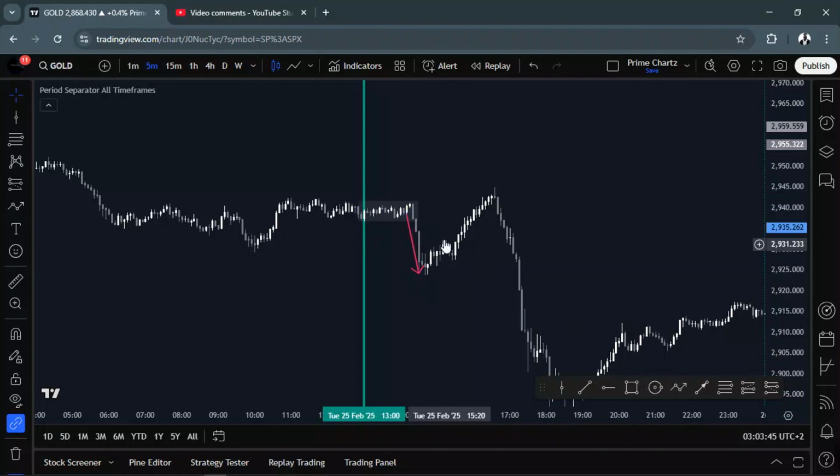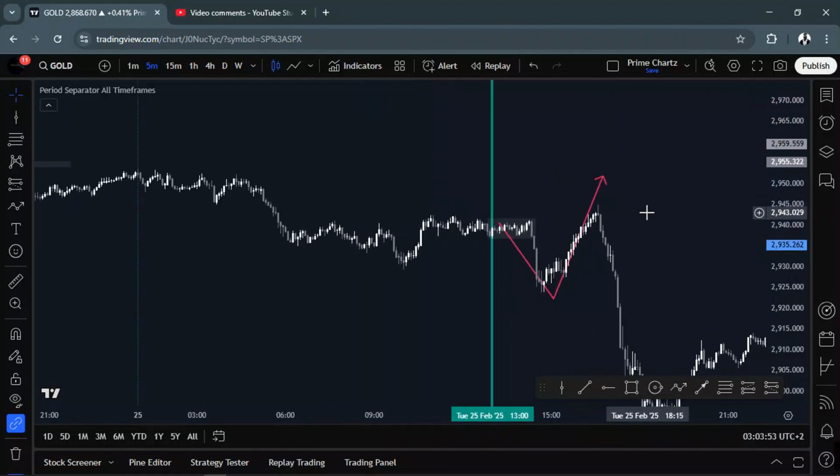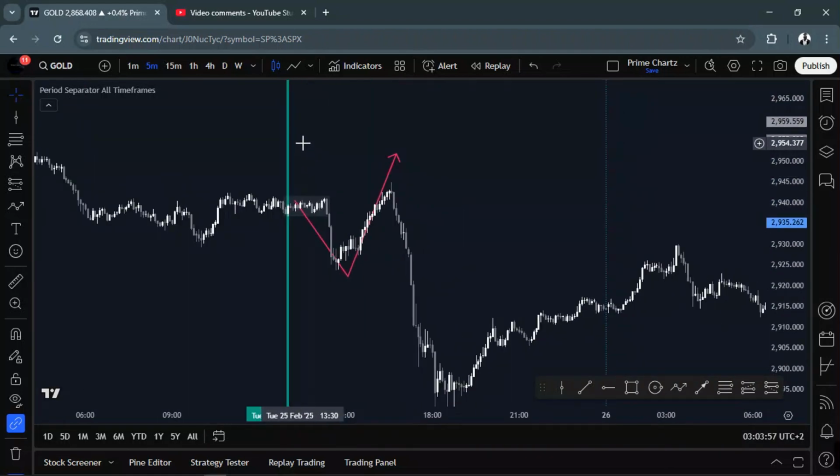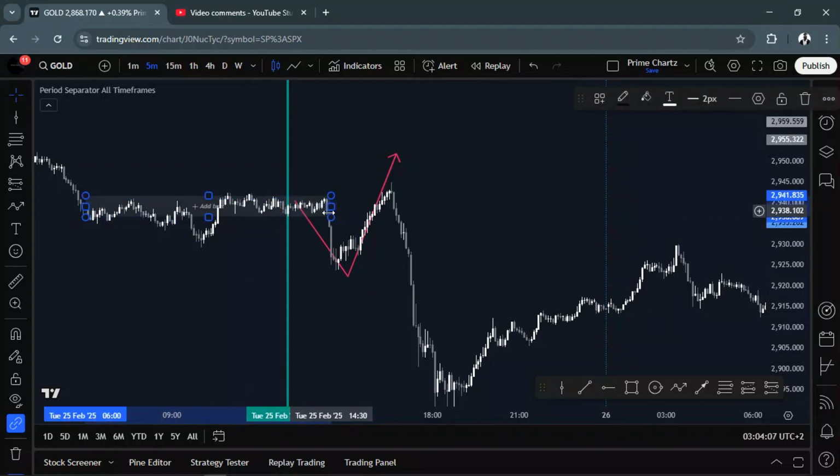So when we see a bearish trend, it means that we are going to look for buying opportunities, right? And therefore the same thing happens, guys. We don't just enter blindly, so we need a point of reference. When we look on the left side, we can see this strong resistance right here.